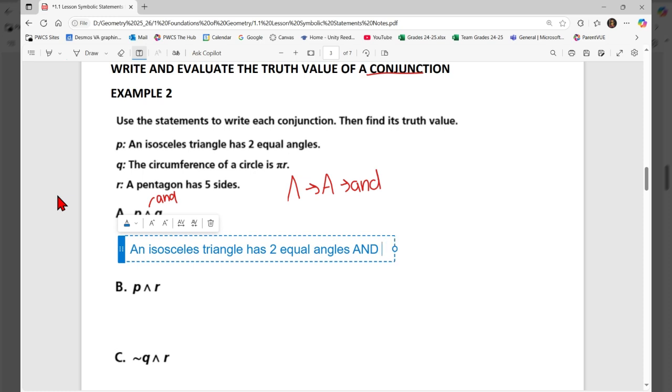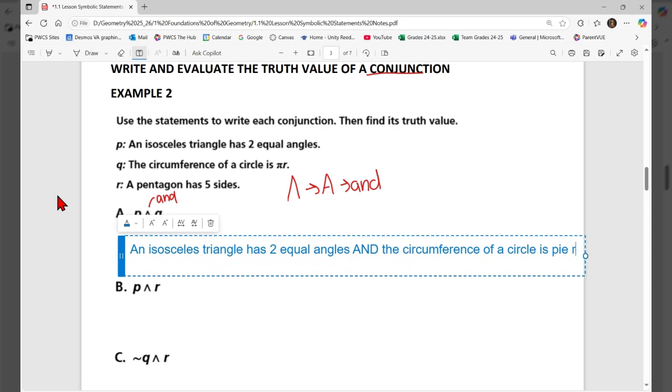You don't have to. The circumference of a circle is, I'm going to say pi r because I can't type the pi symbol.